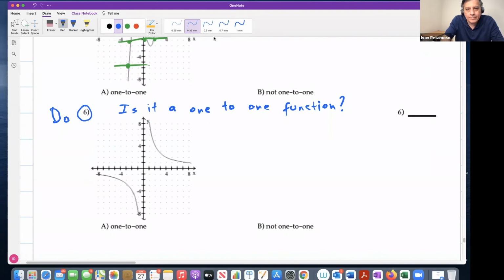Very good. Activity in the chat. Clara, yes. Emily, very good. Clara, can you explain why this is a one-to-one function? Will you type something on the chat, or you can say verbally?